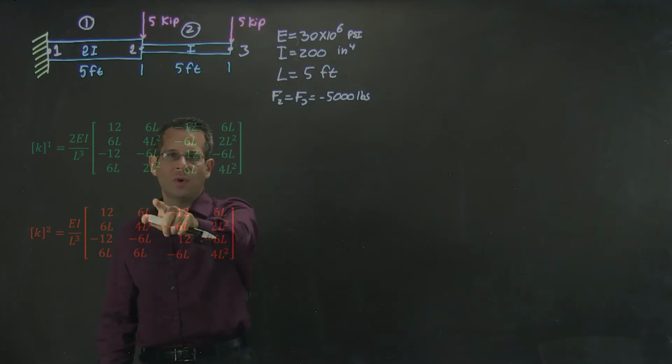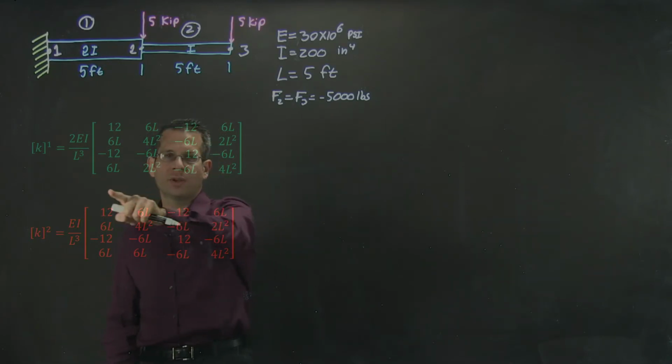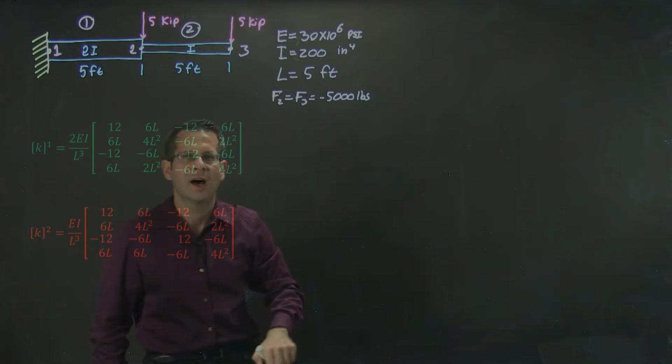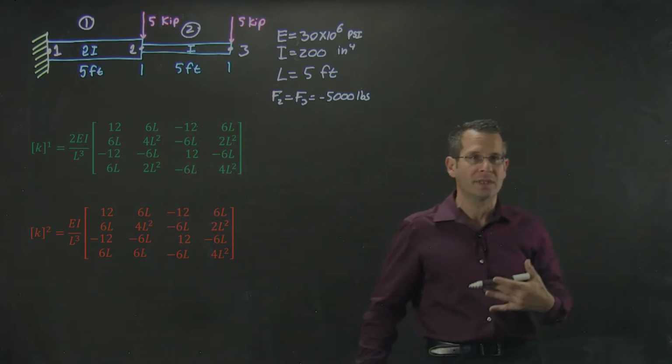I normally would write these values, or the nodes and the values they correspond to, along the top and the bottom to help me assemble my global stiffness matrix.